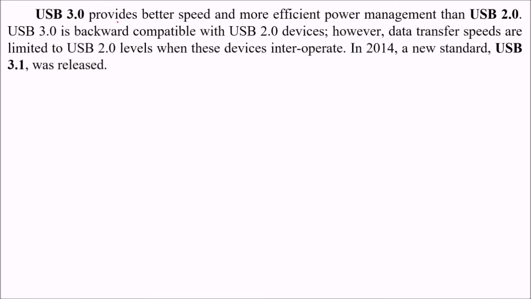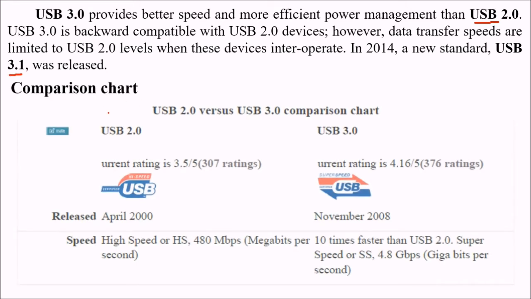Now USB 3.0. It all started with USB 1.1, then 2.0, and so on. These are the present technologies, 3.1, 3.0, all are there. Let us see the comparison chart and we'll discuss this more.